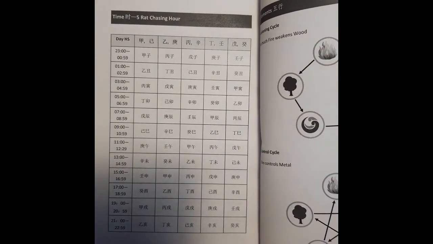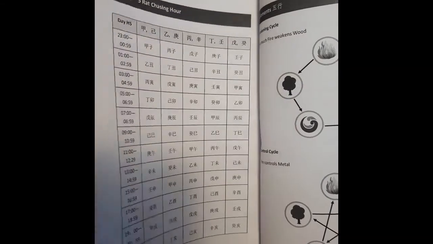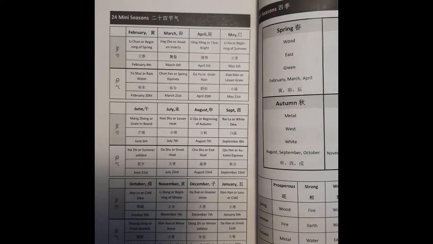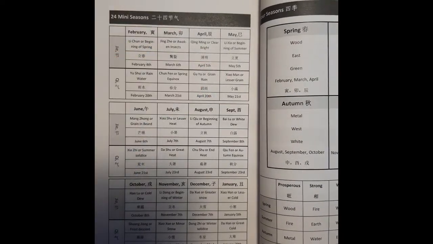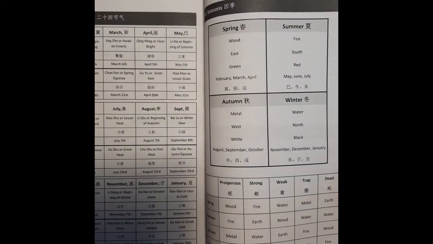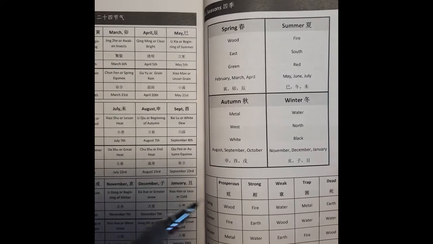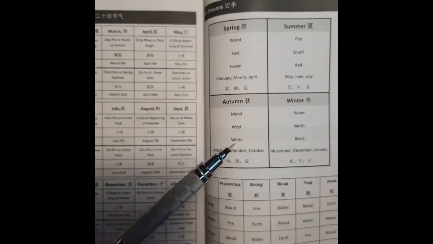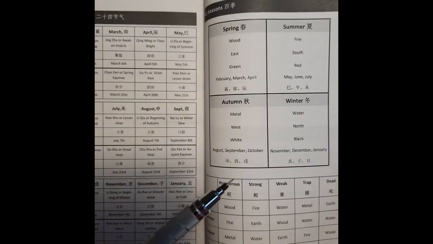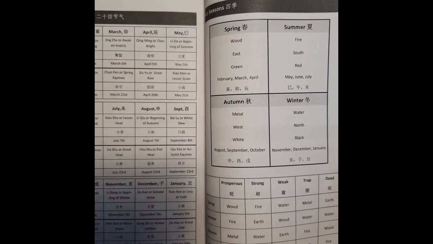I will just flip through a little bit here and there. So 24 seasons, then you have the 4 seasons, and what are the key significances associated with that.